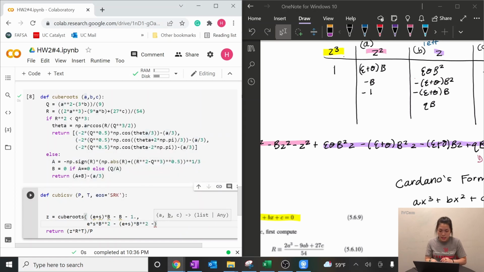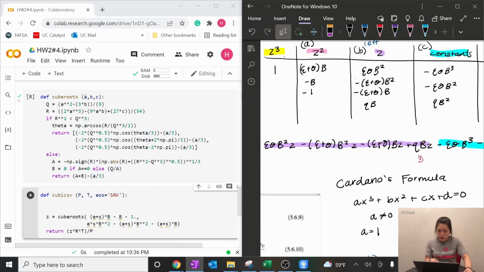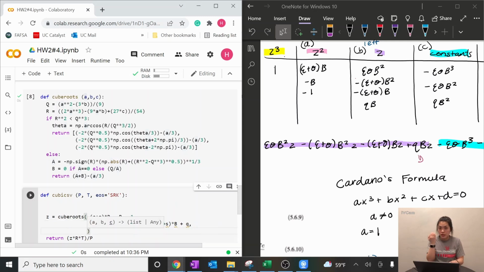And then we have minus the quantity epsilon plus sigma multiplied by beta. And then we have our last quantity, which is just Q. And so that is all of our terms for the root B.